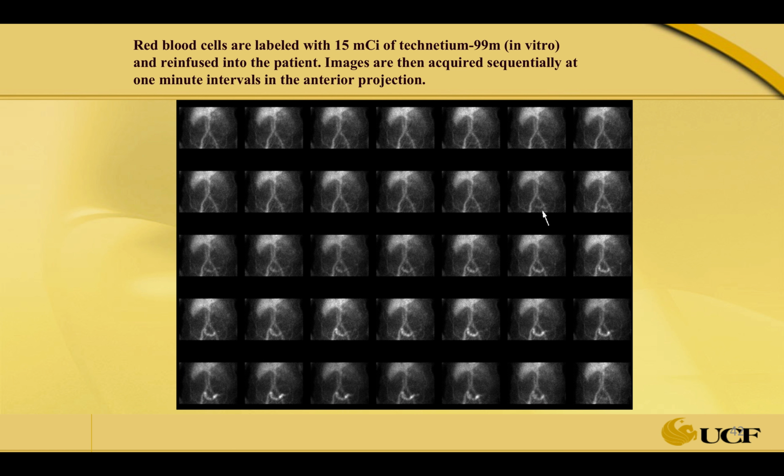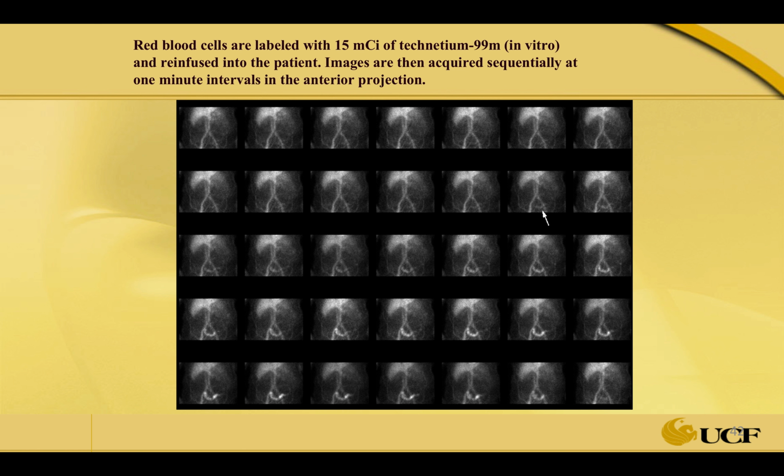GI bleeding scans can detect bleeds again from 0.5 to 2 milliliters per minute, about 10 times more sensitive than angiography. The bleeding scan is then the initial imaging study of choice for lower GI bleeds.